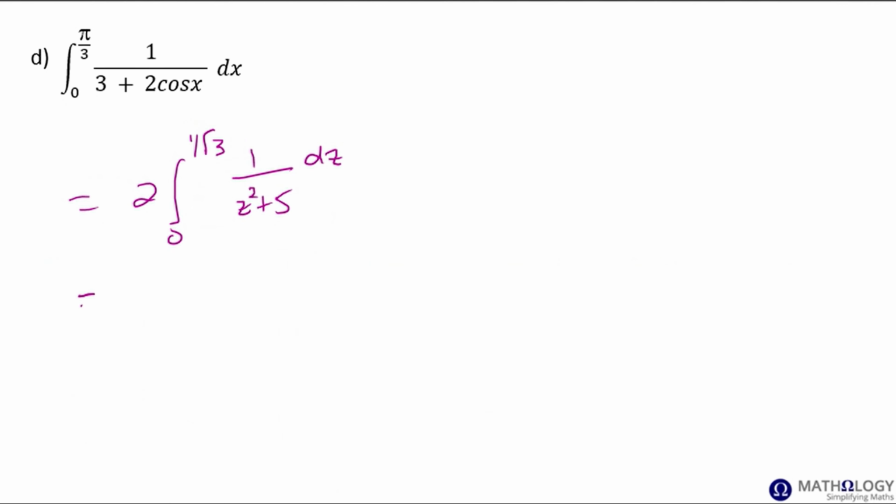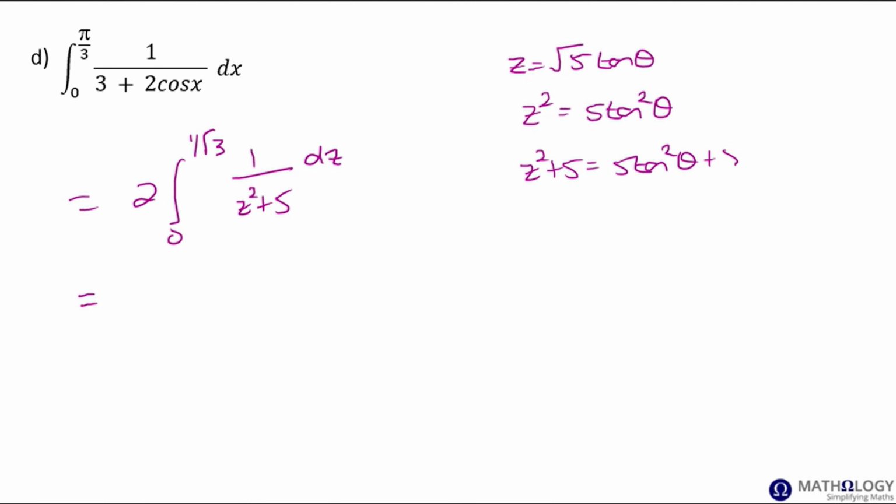We are now going to use a trigonometric substitution, so we're going to let z be root 5 tan theta, so that z squared will be 5 tan squared theta, and z squared plus 5 is therefore 5 tan squared theta plus 5, which is 5 times tan squared theta plus 1, and tan squared theta plus 1 is sec squared theta, so it's 5 sec squared theta.